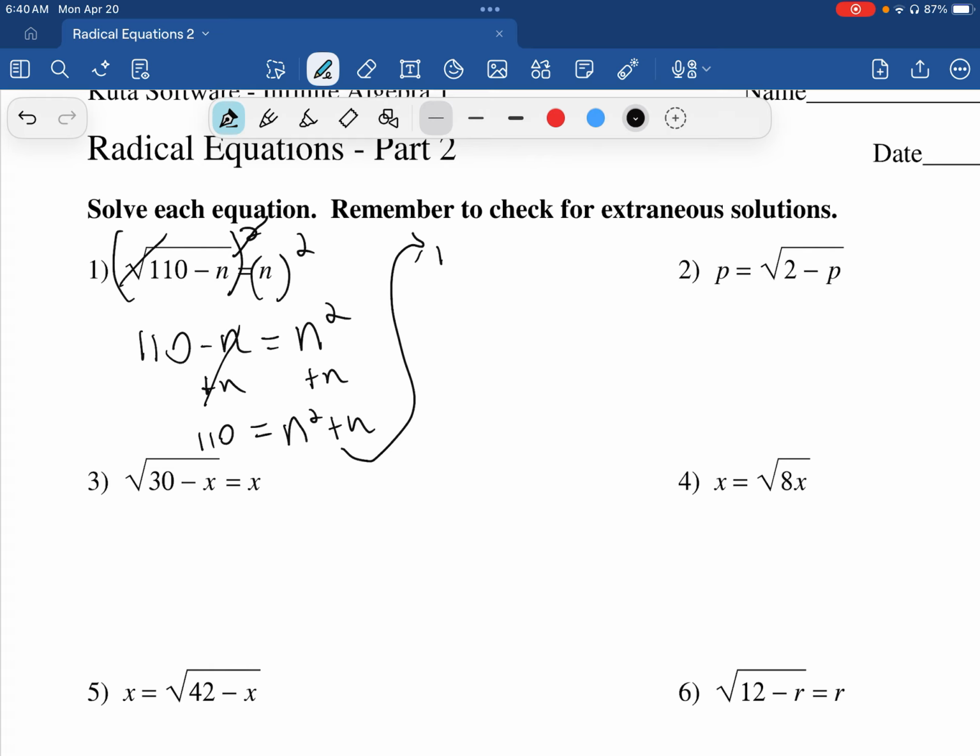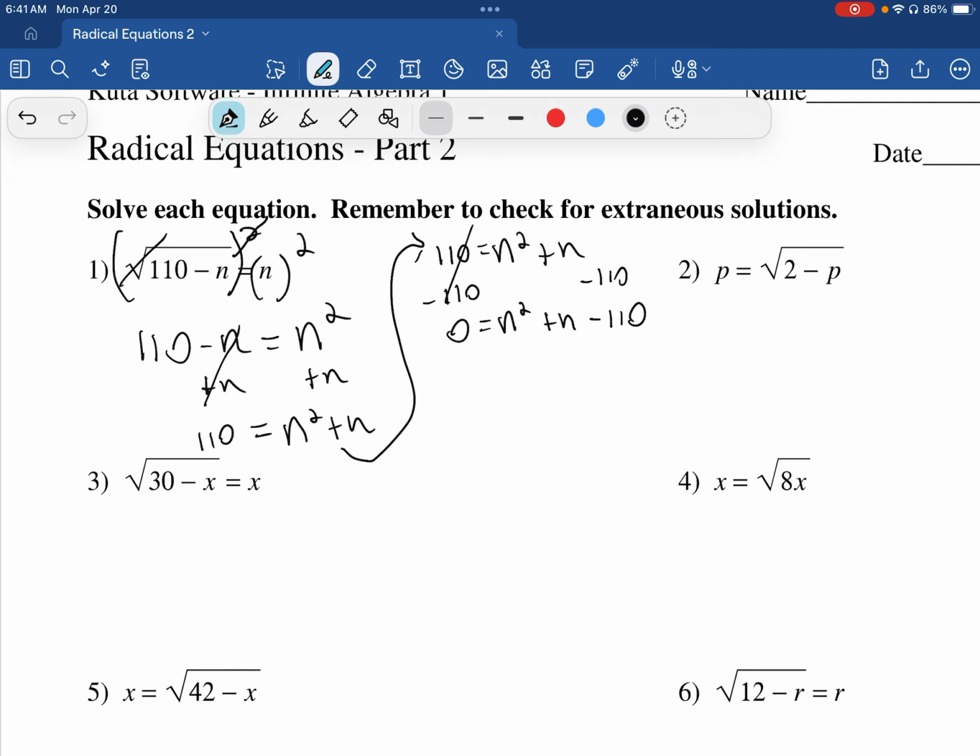To put it in standard form of a quadratic, we want ax squared plus bx plus c, so we'll have to subtract 110 from both sides. And now we are in standard form, which should allow us to factor this to be able to solve.